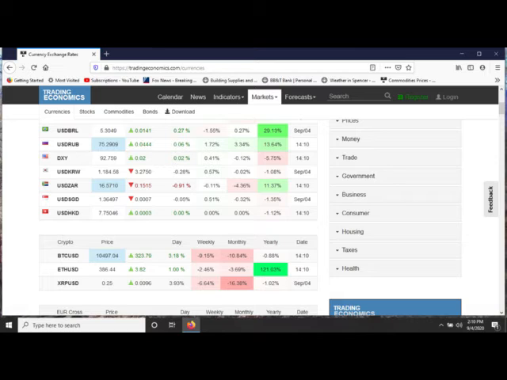I think I've got a chart in there somewhere that shows DXY. This might be it. DXY is the dollar against all other currencies. If this is the one I'm looking at, it would show that the dollar was down on this particular day, but it's hovering around 92, 93 cents.